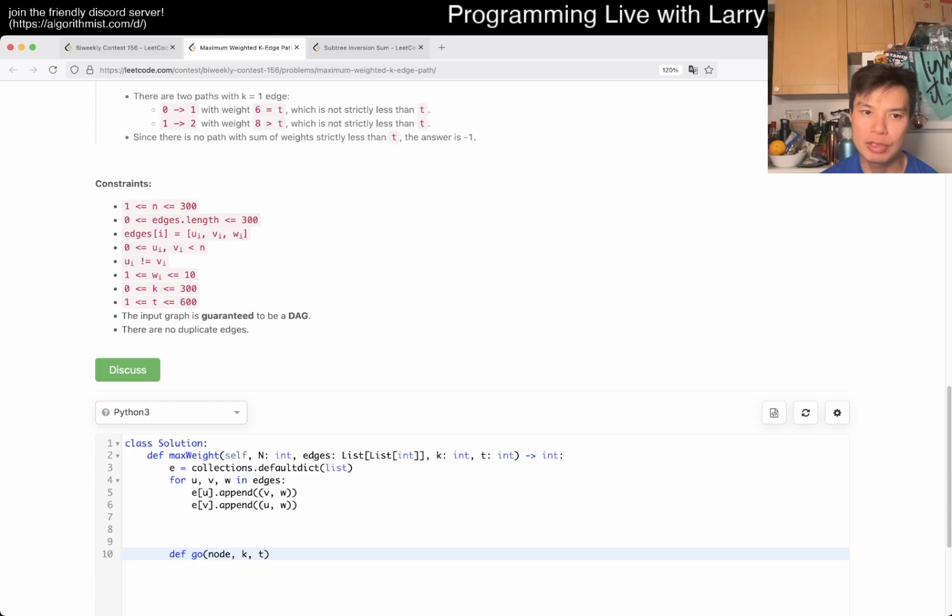Okay, I mean with 300 nodes and 300 k, that means that at worst you should be able to do 300 to 300. So that means that for every node, we should be able to get all the nodes. Is that right? So we can't do a breadth-first search from every node.